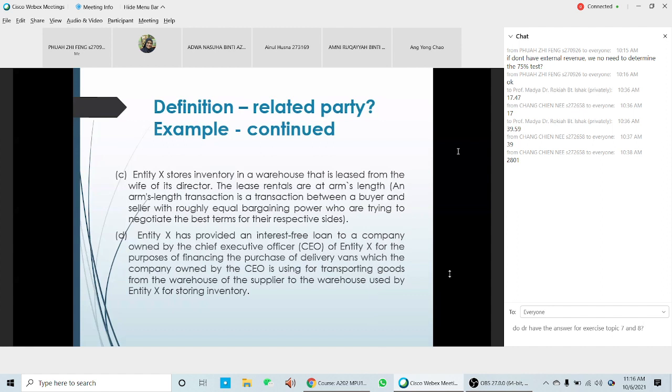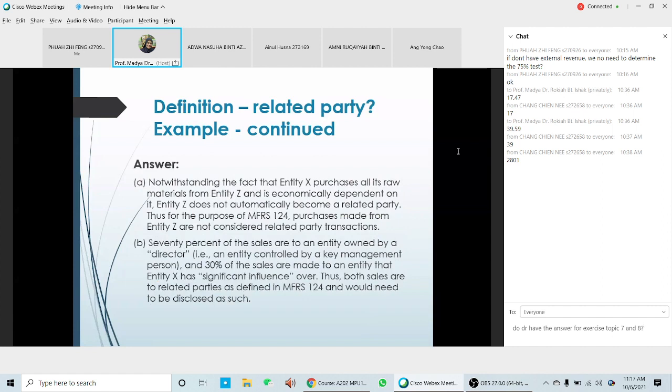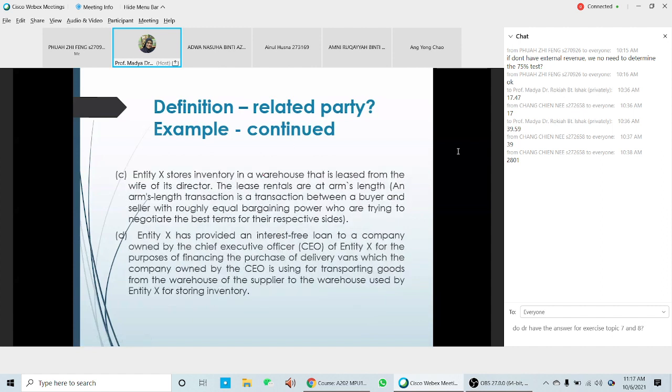Okay, then the third situation here. X stores inventory in a warehouse that is leased from the wife of the director. The lease rentals are arm's length transactions between a buyer and a seller.